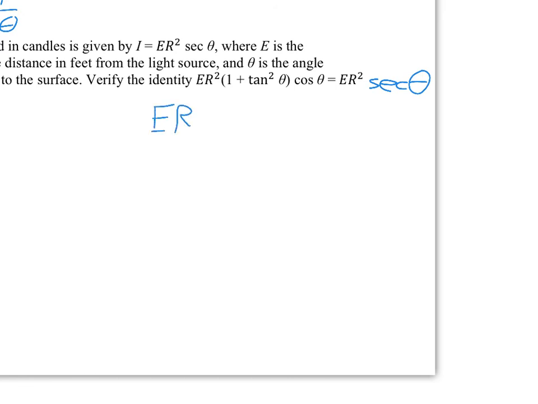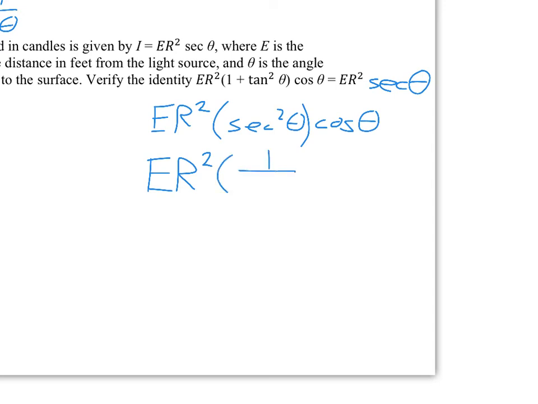So we want the tangent squared to stay there, because we still see it on the right. Alright, this is a Pythagorean identity, so this is secant squared theta for the parentheses, and then cosine theta. Secant squared is the same as 1 over cosine squared.